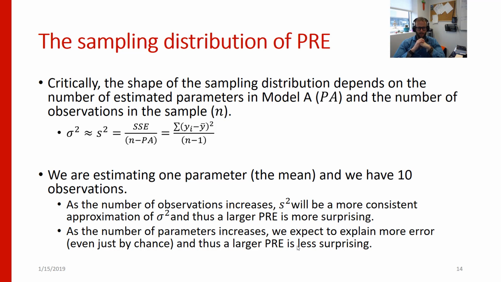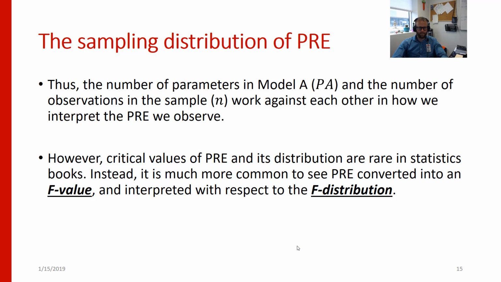If we have a large data set with a single parameter and it explains a lot of the variance, that's pretty compelling. But if we have 10 parameters that we're estimating and they explain the same amount of variance, now that's less compelling, because we put 10 parameters in there and we expect all of them to explain some variability just by chance.